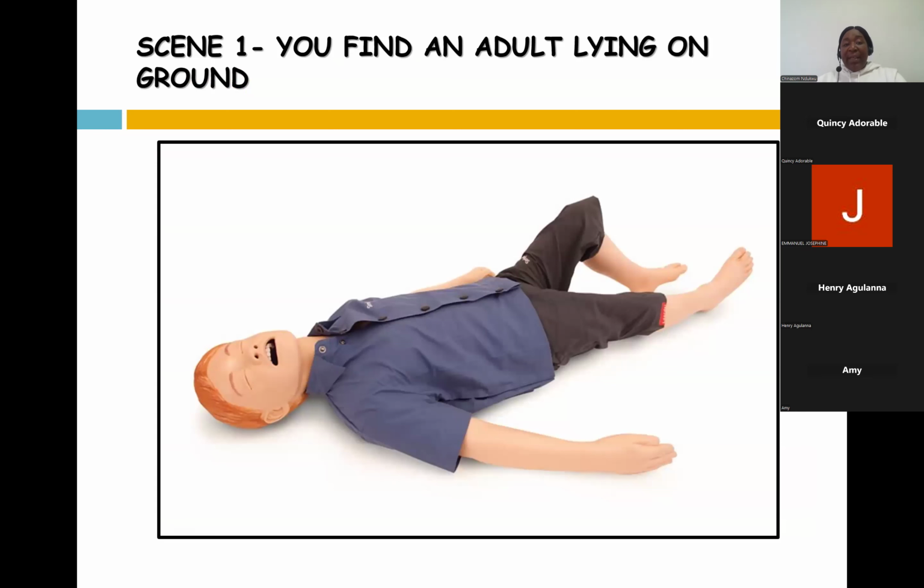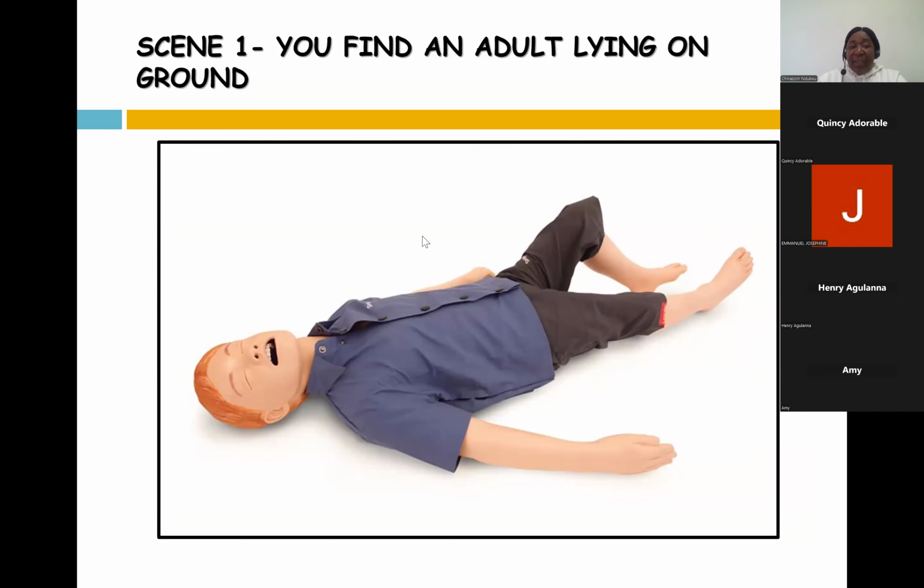So if you look at the screen now, you find an adult lying on the ground. When looking at this person, the first thing you have to do is to check for safety. Then come close to the person and assess for responsiveness. When you assess for responsiveness, you're checking two things.